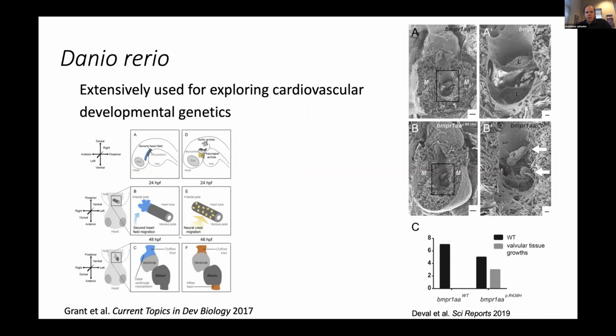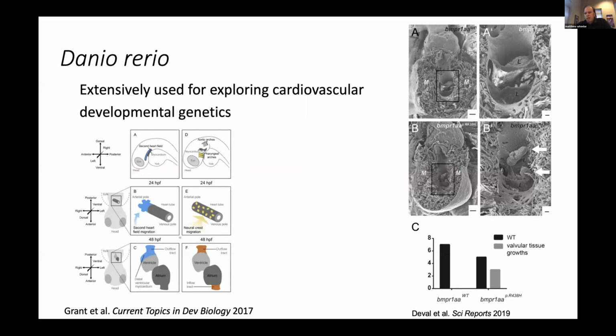Danio rerio, or zebrafish, has been used for many, many years to explore cardiovascular developmental genetics. Although zebrafish only has 2 chambers, they have all the critical components of the cardiovascular system, and the development mirrors early human cardiac development.